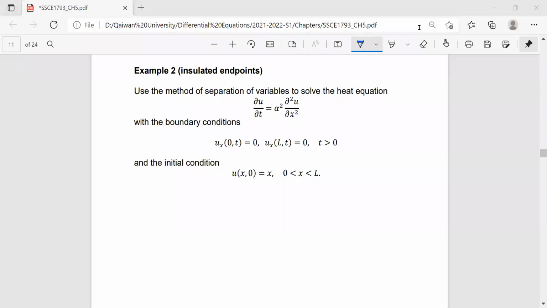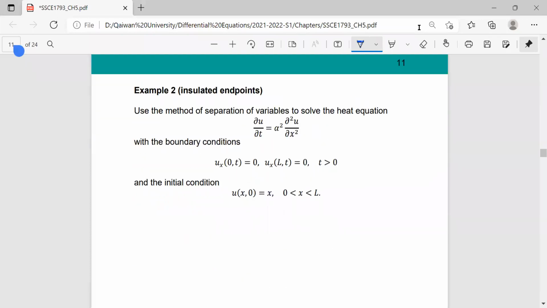We now have another example, which is about insulated endpoints. Here, the boundary conditions are insulated endpoints. We use the method of separation of variables to solve this heat equation, where these are the boundary conditions.